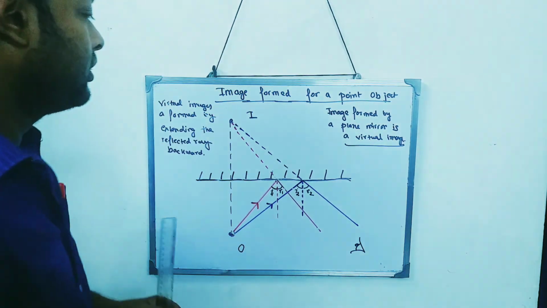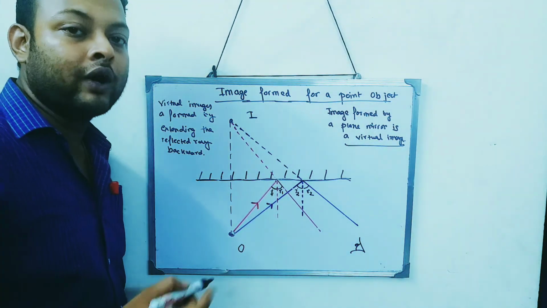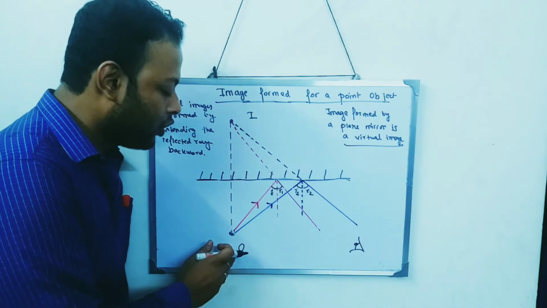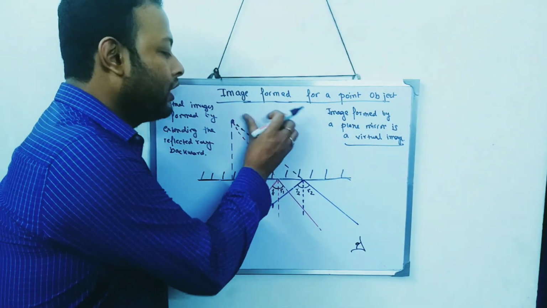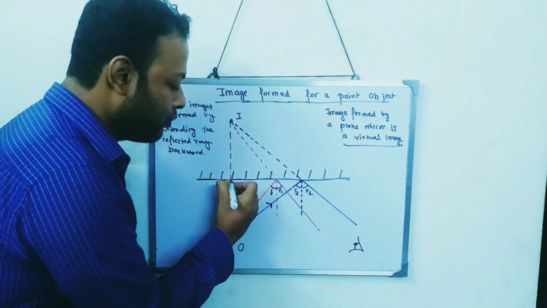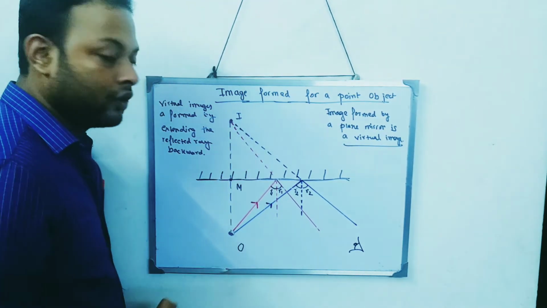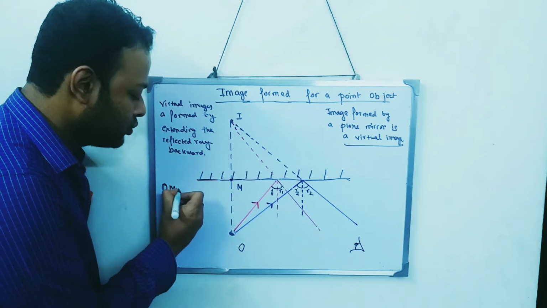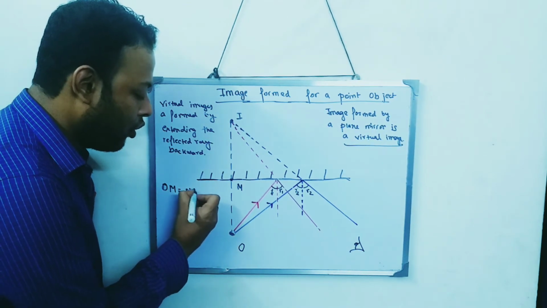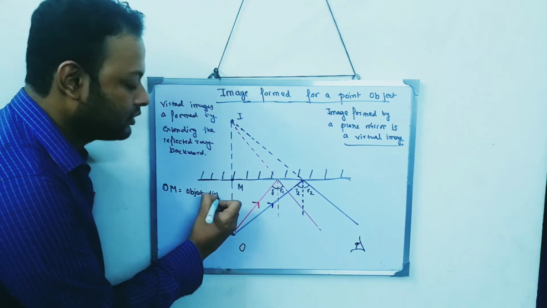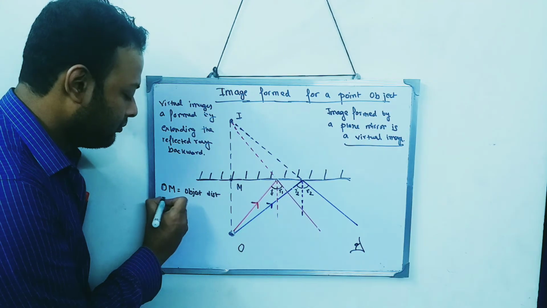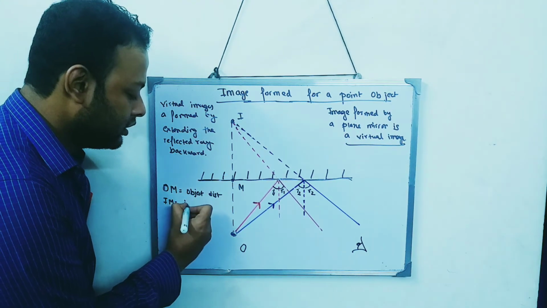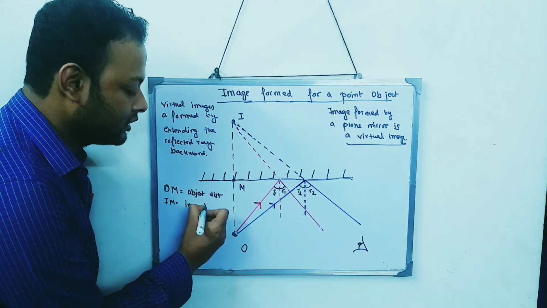And from there, one piece of information I want to tell you. Suppose this is the object O, and this is the image I, and this point I call M. So OM is the object distance, and IM is called the image distance.